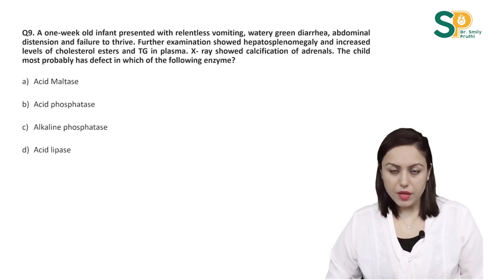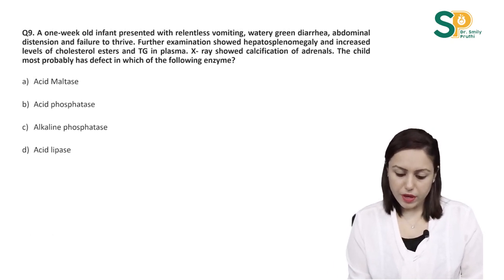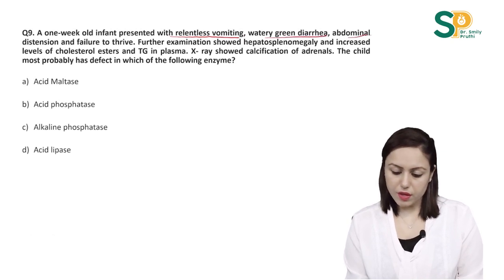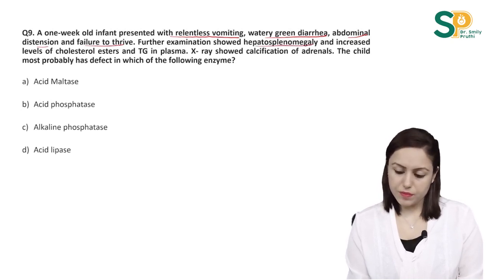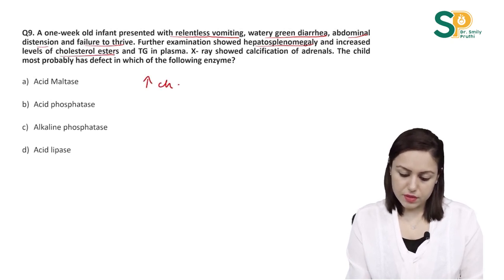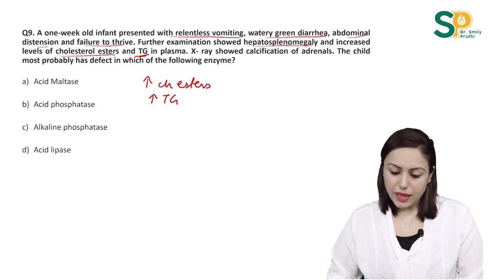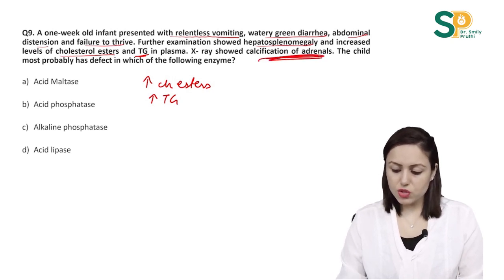Coming to question number 9. A 1-week-old infant presented with relentless vomiting, watery green diarrhea, abdominal distension and failure to thrive. Further examination showed hepatosplenomegaly and increased levels of cholesterol esters and triglyceride in plasma. X-ray showed calcification of adrenals.